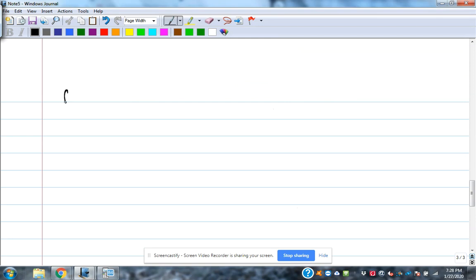Example F. 2/3 absolute value, x minus 5 plus 4 is equal to 7. Record time. It's a first move.